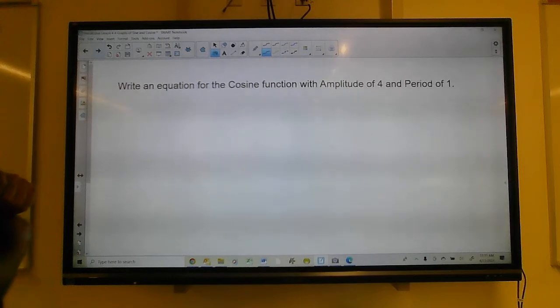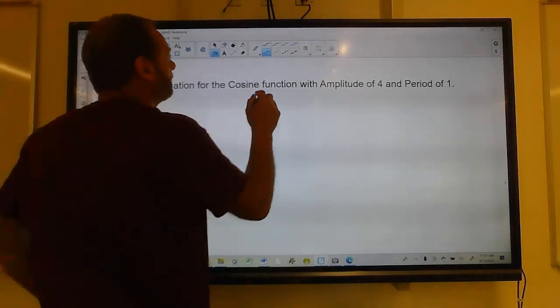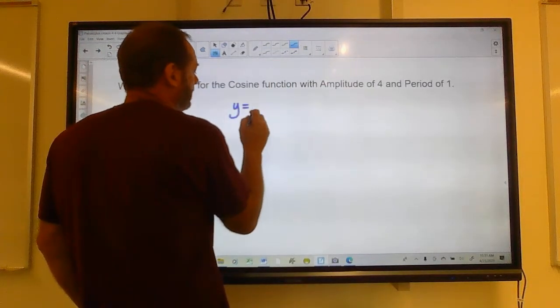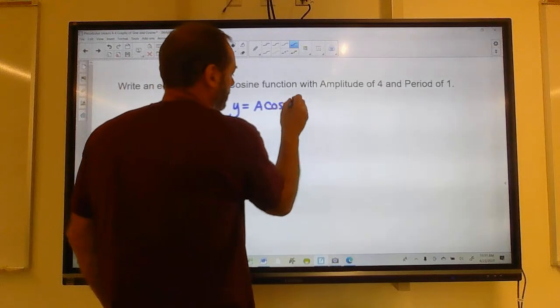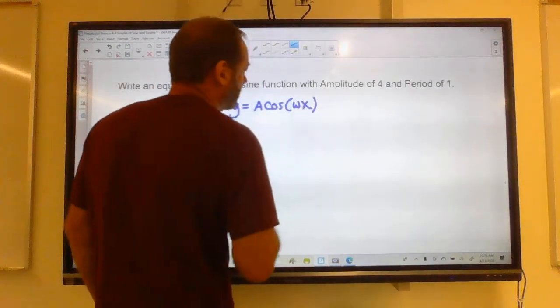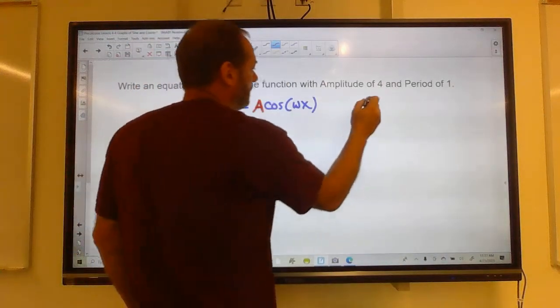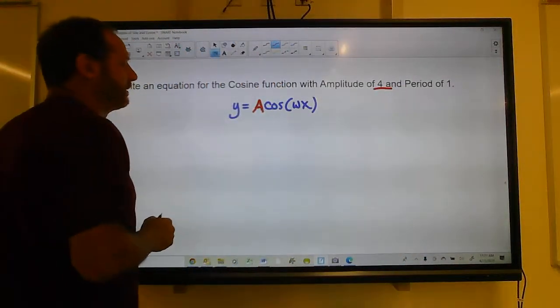Write an equation for a cosine function with an amplitude of 4 and a period of 1. Okay, so let's start with our original equation. Y is going to be A cosine wx. All right, so again, my amplitude is right there. That's going to be 4.